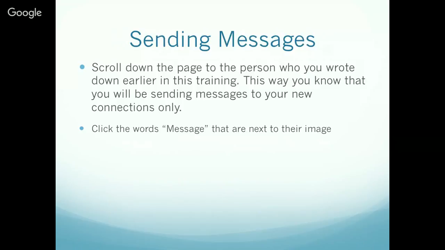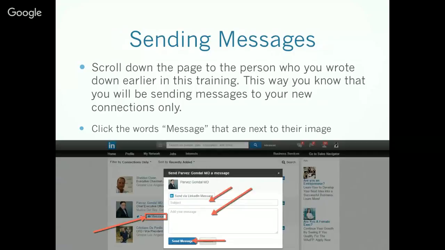So once you've found the name of the person that you wrote down, go to the person above them. Then you want to click the word message next to their image. And this is what the screenshot will look like when you click on message.